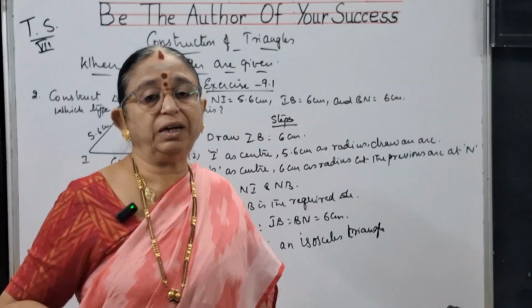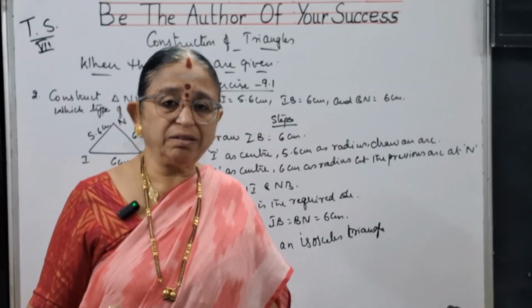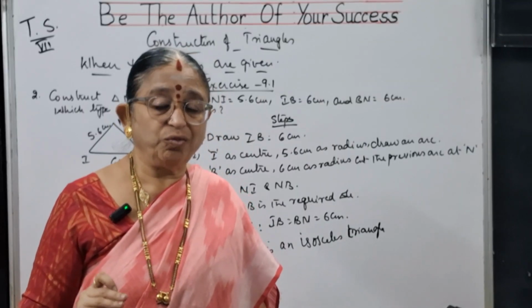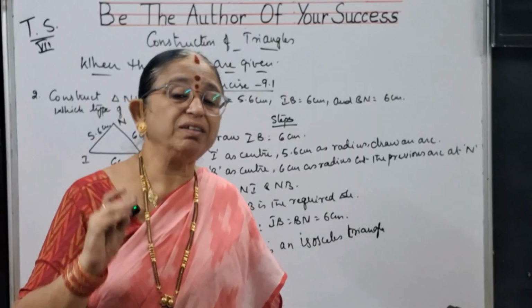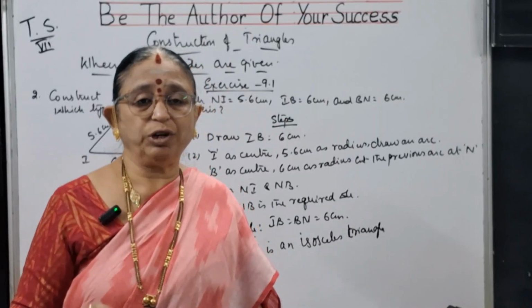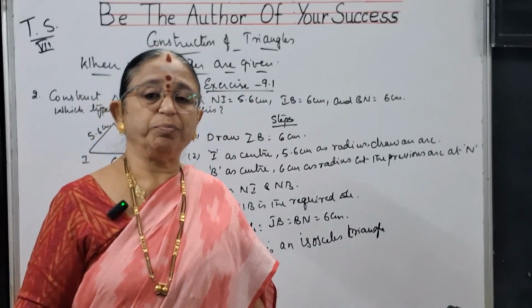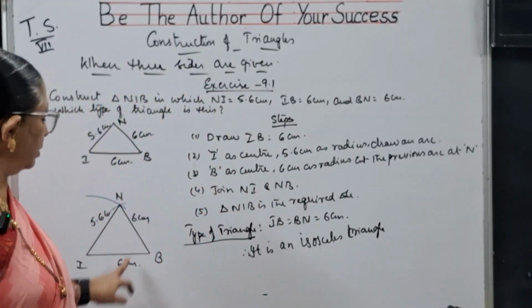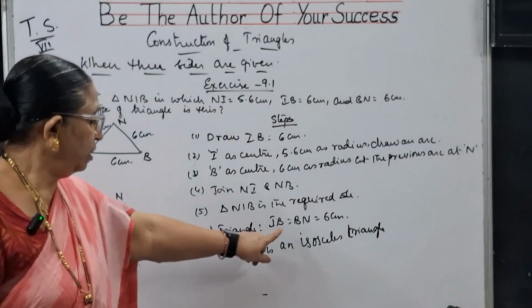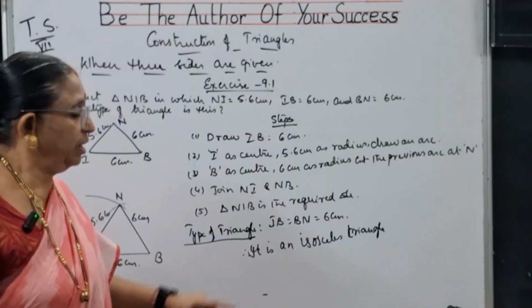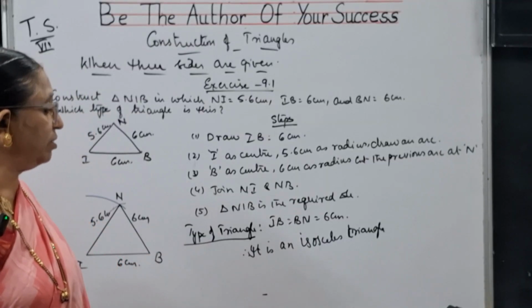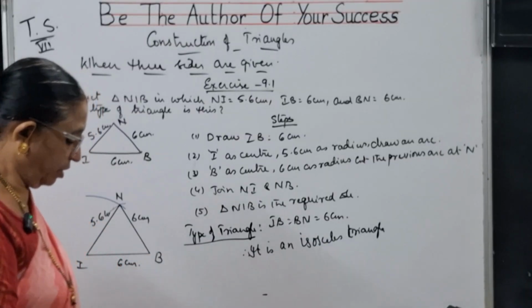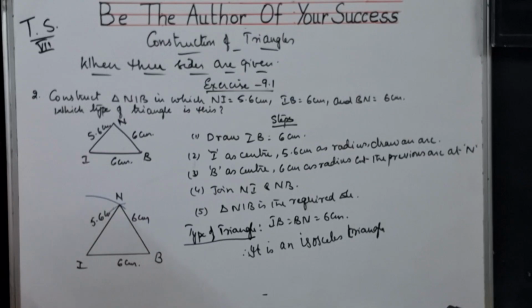So these are the three names of the triangles basing on what? Basing on the sides measure. So names of the triangle depends upon sides measure. Here we have got two sides as equal. When two sides are equal, it is an isosceles triangle. Please note it down, children.